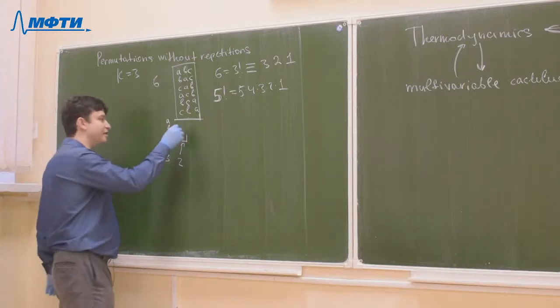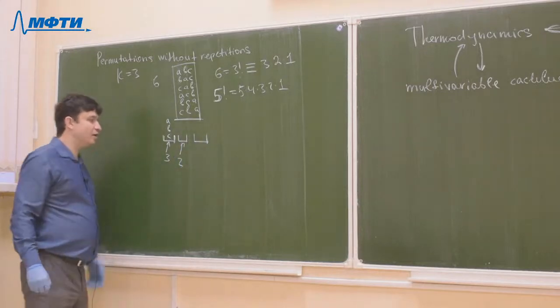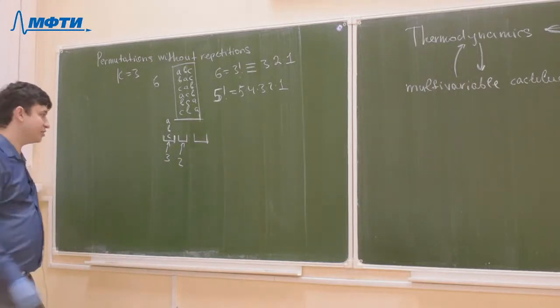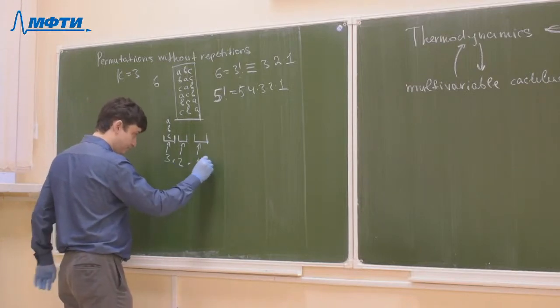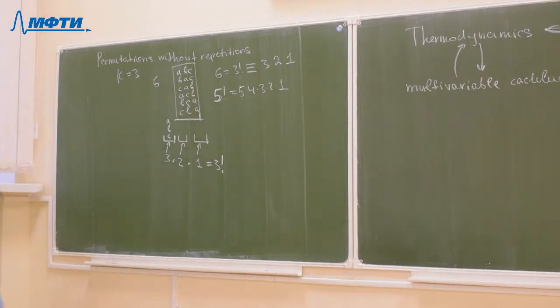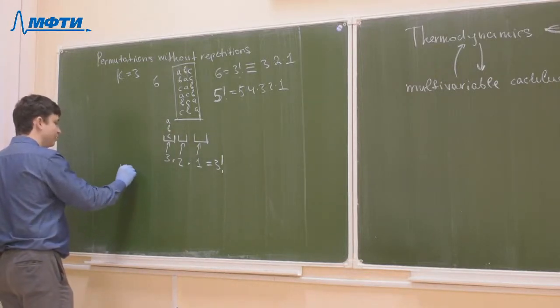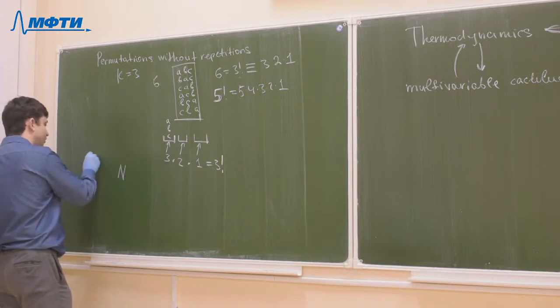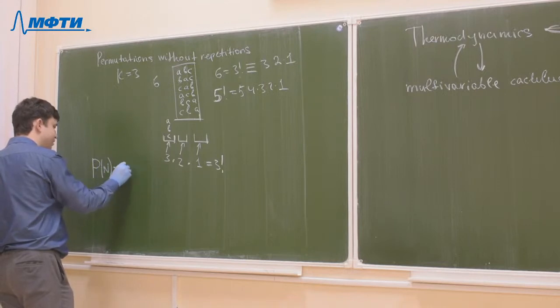That leaves us with 2 letters. And on the third position, we can only have 1 letter possible. So 3 by 2 by 1. Of course, if you want to calculate the number of permutations of n objects, then P of n is n factorial.